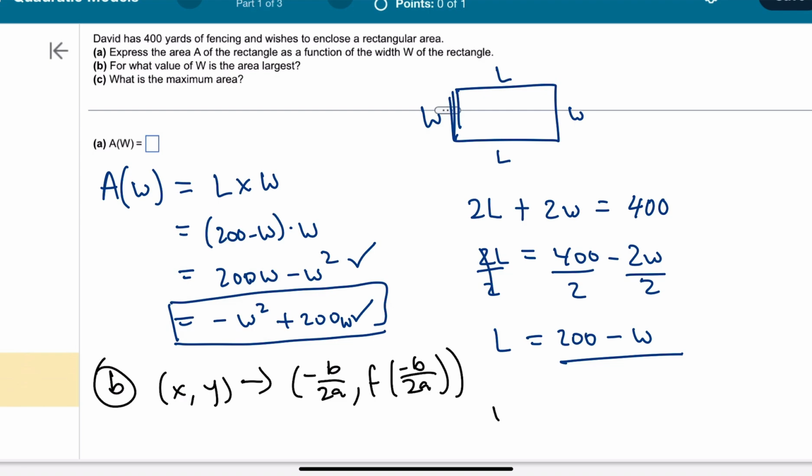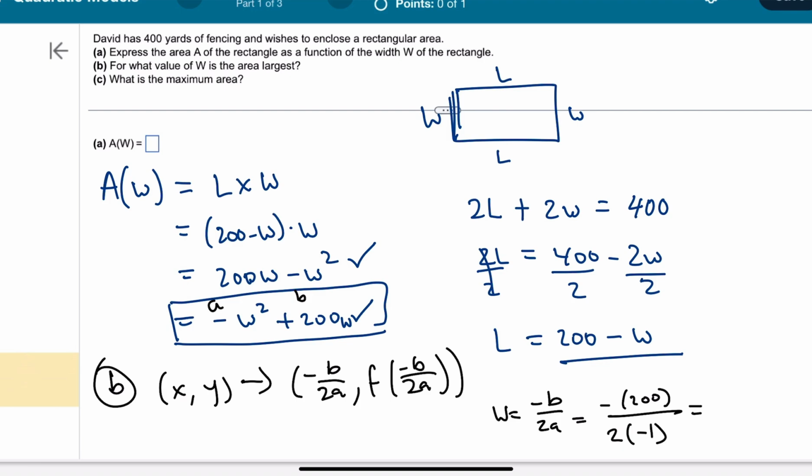So W is equal to negative b over 2a, which is equal to negative, and this is where you have to remember, this is a here, and this is b here, the second term. That's why you want it in this order. So negative b is negative 200 divided by 2a, which is just negative 1.